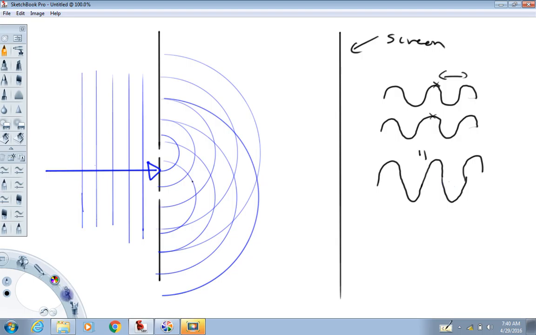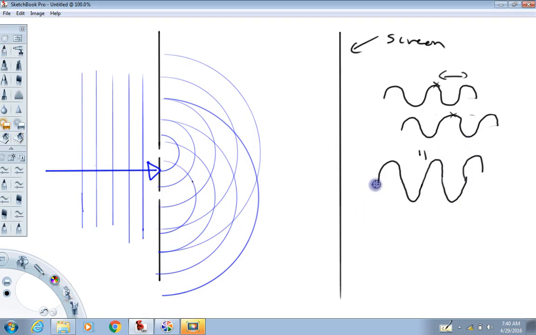Now, if I were to take one of these waves and move it over, maybe to something like this, now they don't add. They interfere with one another.